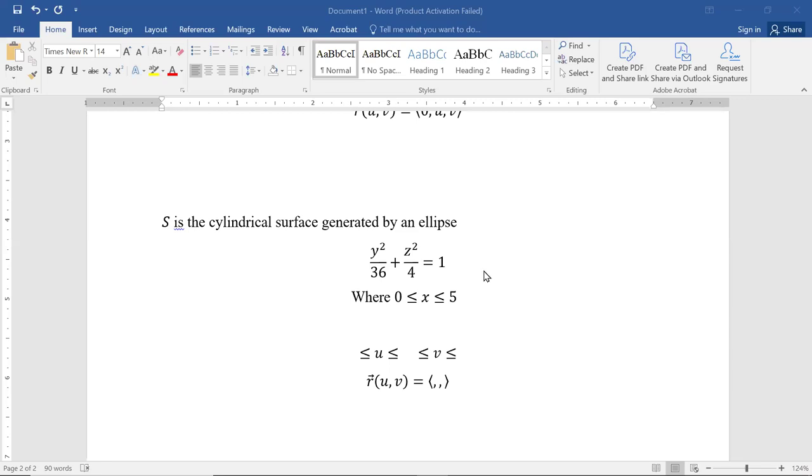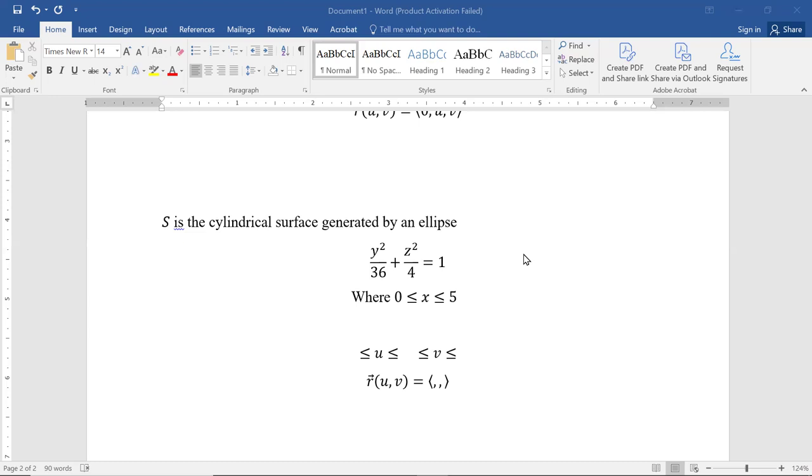Now, in this case, it just so happens that this ellipse has a nice parameterization in a two-dimensional sense, whereas we're inputting one variable and we're getting out the ellipse.